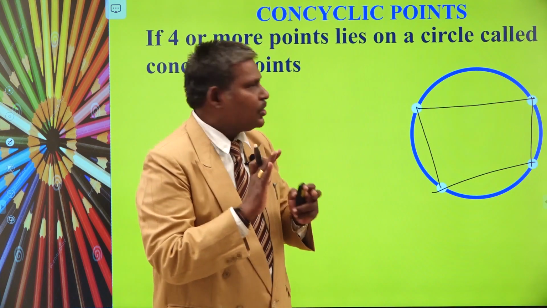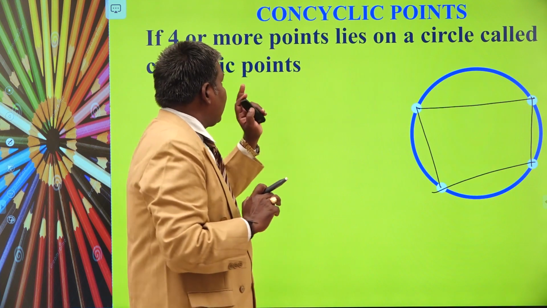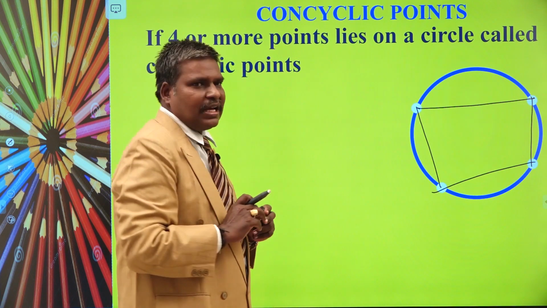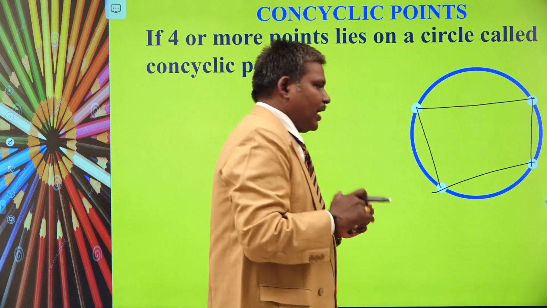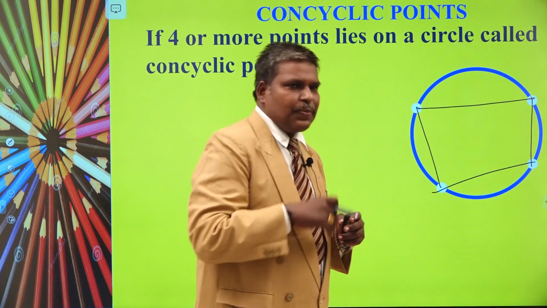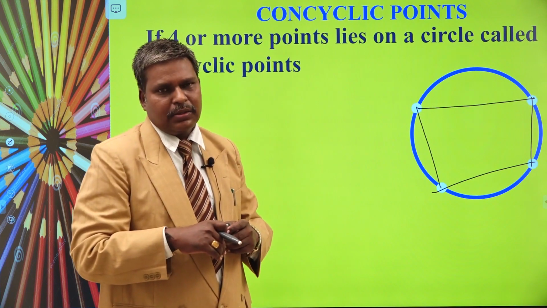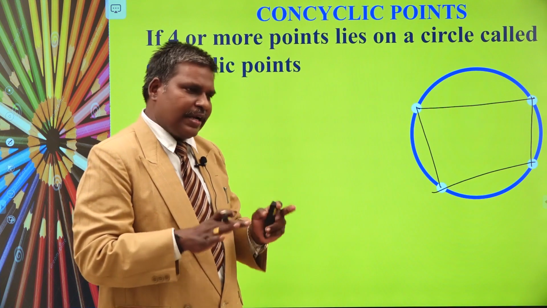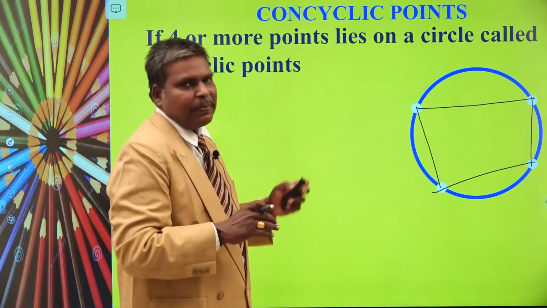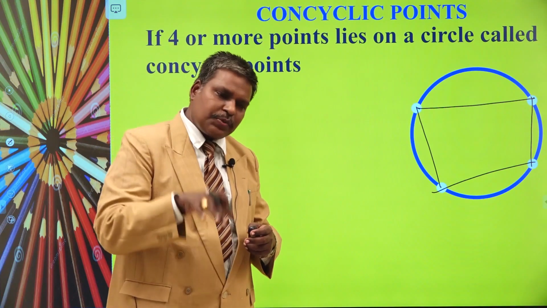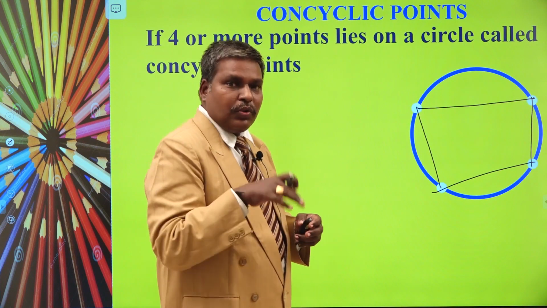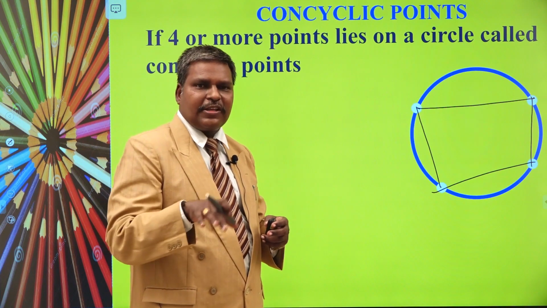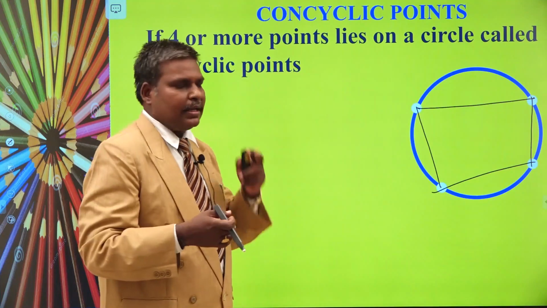So in this manner, we can show whether the given 4 points are concyclic or not. Choose any 3 points from the 4 points, find the equation of circle by using the previous methods, and substitute the 4th point in the equation. If it satisfies, we say that the 4 points are concyclic. Understand?